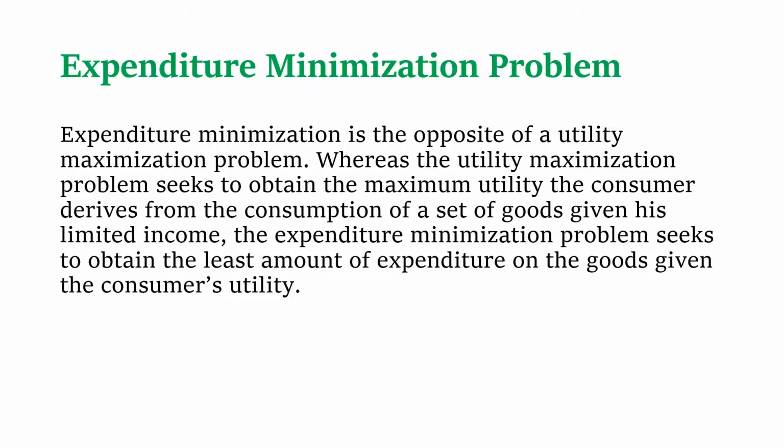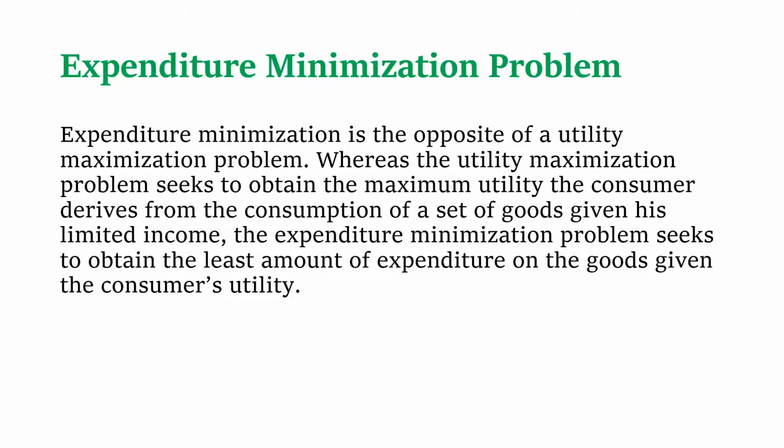Now, let's say, for example, the consumer is only consuming two commodities, good 1 and good 2. The expenditure on good 1 is the price of good 1 multiplied by the quantity of good 1 consumed. And the expenditure on good 2 is the price of good 2 multiplied by the quantity of good 2 consumed.